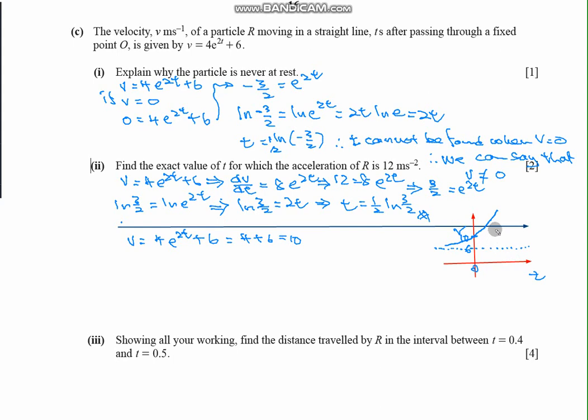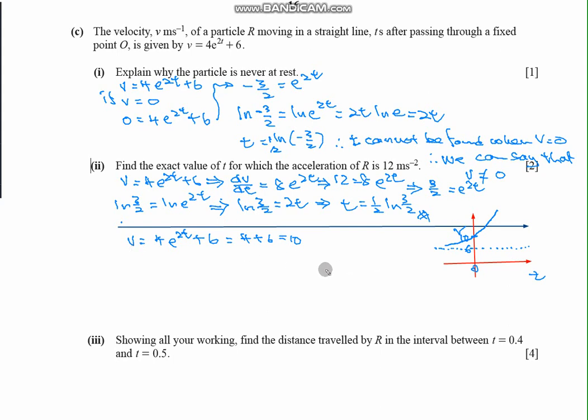Like what we learned in modern maths, if velocity is the y-axis and t is the time, and you find the area under the curve, that will give you the distance. So if you integrate this, putting in the definite limits, the maximum and minimum values, then you will get the distance.